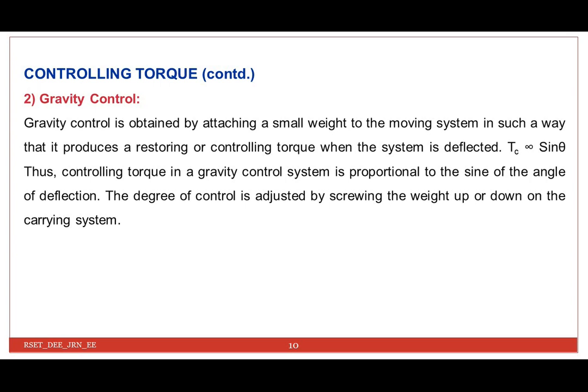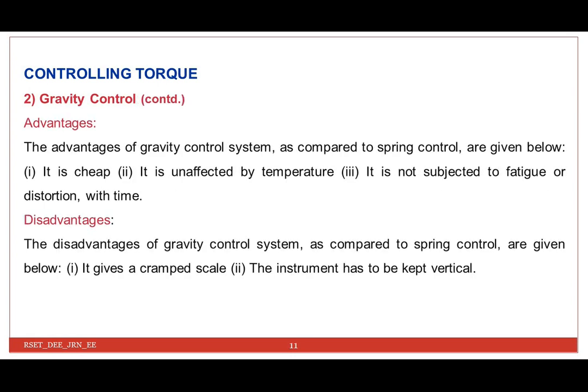In the earlier case, Tc was proportional to theta, but in gravity control, it is proportional to sine of theta. Thus, controlling torque in a gravity control system is proportional to sine of the angle of deflection. The degree of control is adjusted by screwing the weight up or down on the carrying system. So, that is gravity control.